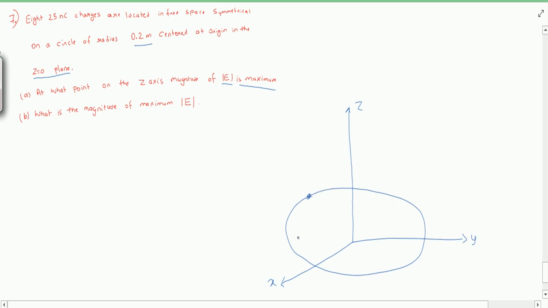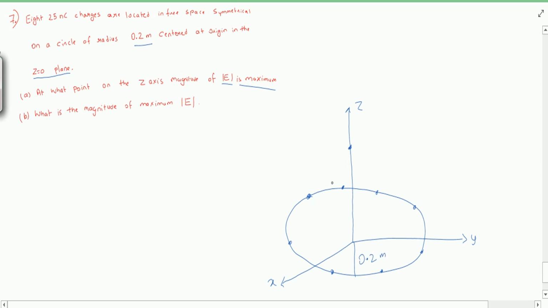There are 8 charges which are symmetrically placed: 1, 2, 3, 4, 5, 6, 7, and here 8, and the radius is given as 0.2 meter. So what we have to find is the point on the z axis where the electric field is maximum.